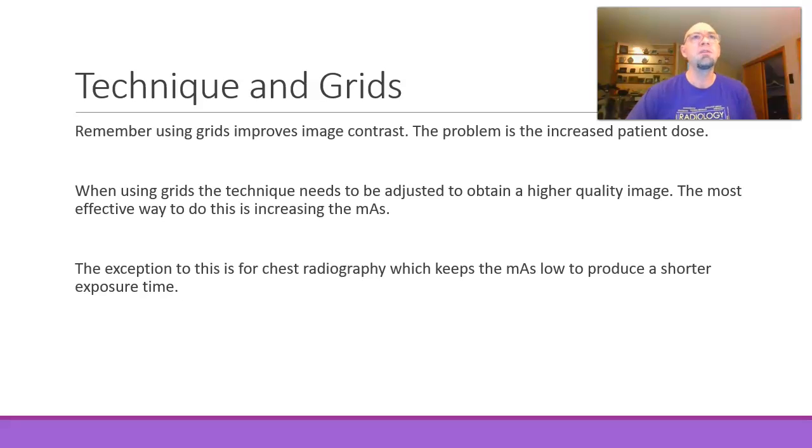If you did the mAs with a 16-to-1 ratio grid, you're looking at multiplying your mAs by 6. That's a lot of mAs, and I think you're better off changing your kVp because you're going to have way too much dose for that poor patient. So increase the kVp. When you're dealing with higher grid ratios, the main thing to change is going to be your kVp. When you're down around 6-to-1, 8-to-1, 10-to-1, the most commonly used grids, especially if you're using a portable, then I would just consider adjusting the mAs. So that's what I would do.